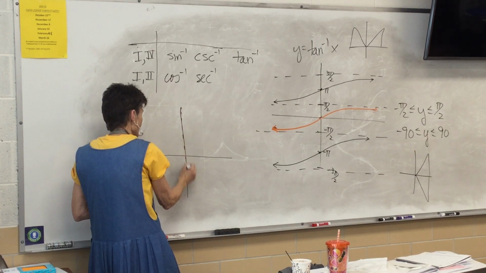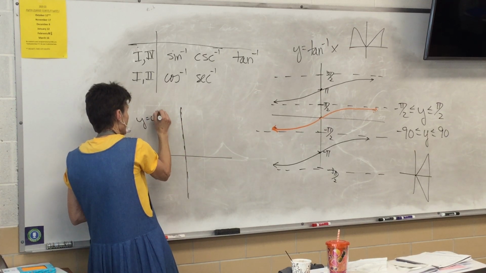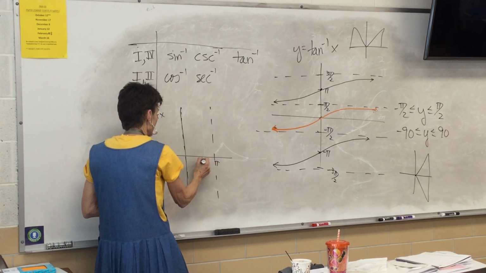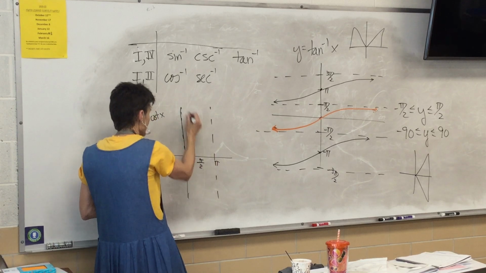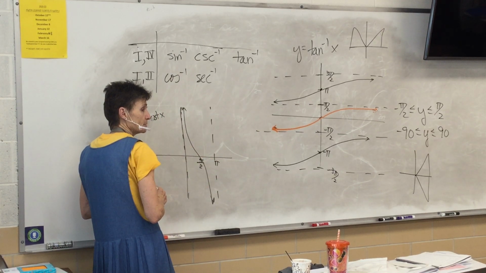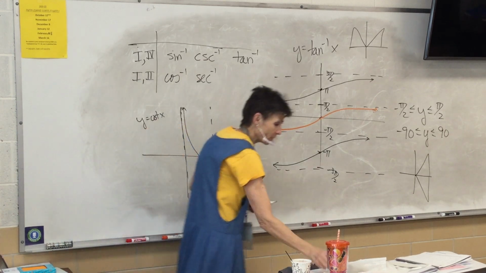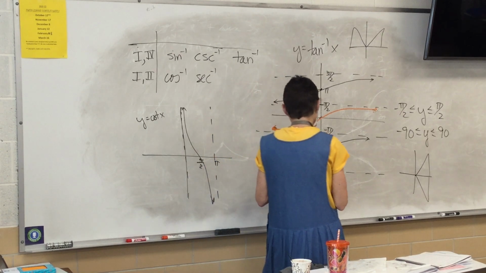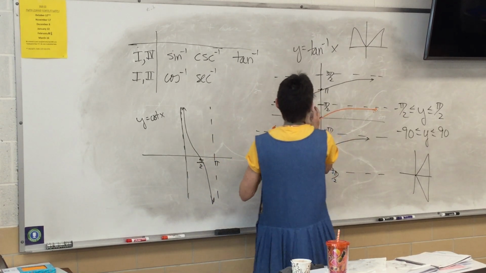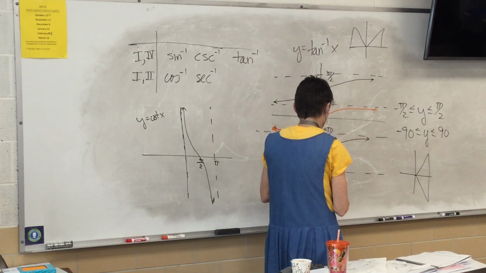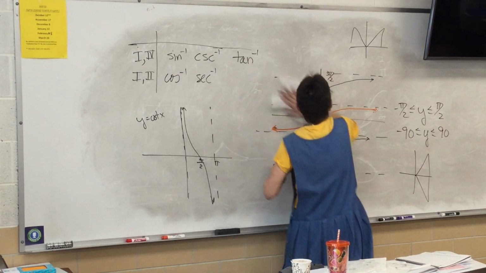Has an asymptote, this is the regular cotangent. Has an asymptote here and an asymptote at pi. And it's decreasing. So what if I inverse that? I've only got one period there, but that's all I need. What if I inverse that?